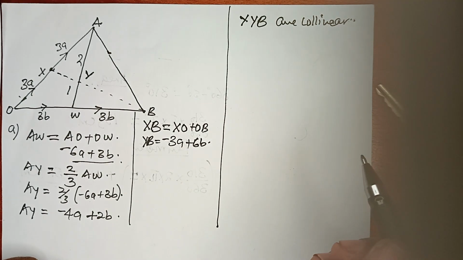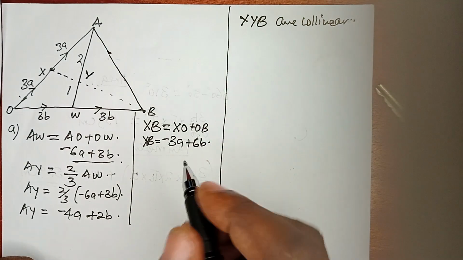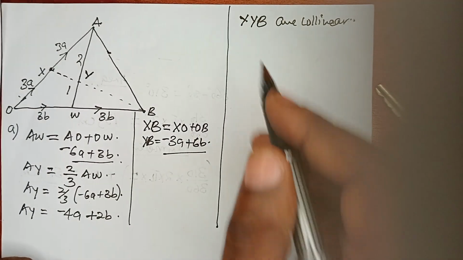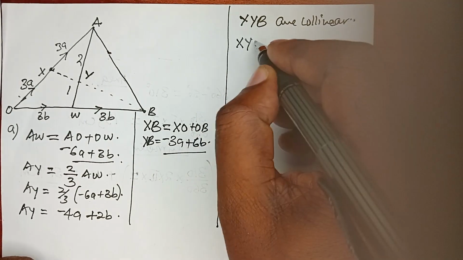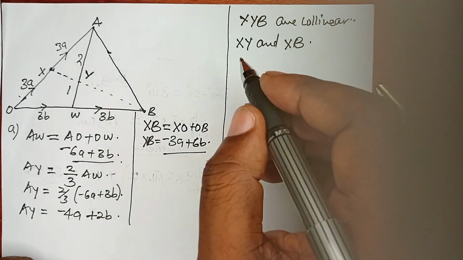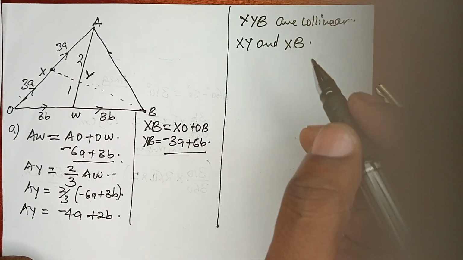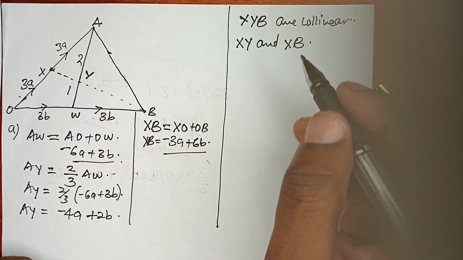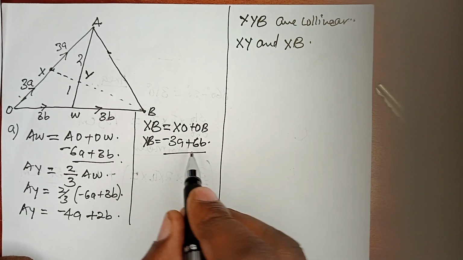I want to consult part A of our answers, and we find that we have XB. So within these 3 points, we can have vectors XY and XB. And XY, I don't know whether we have worked out XY. No, we have not. But even if we have not, we can still work out XY, because XB we know is minus 3A plus 6B.